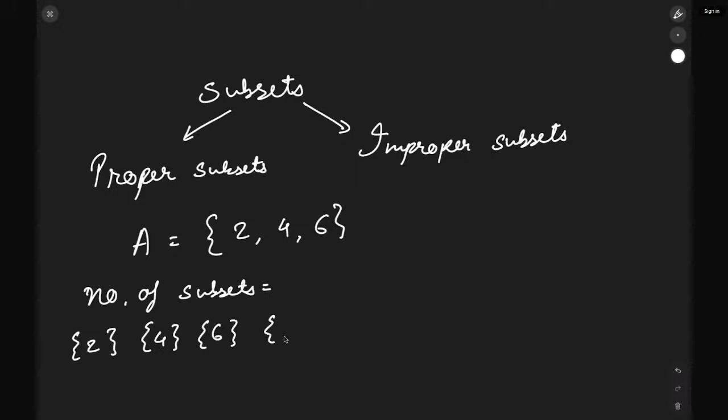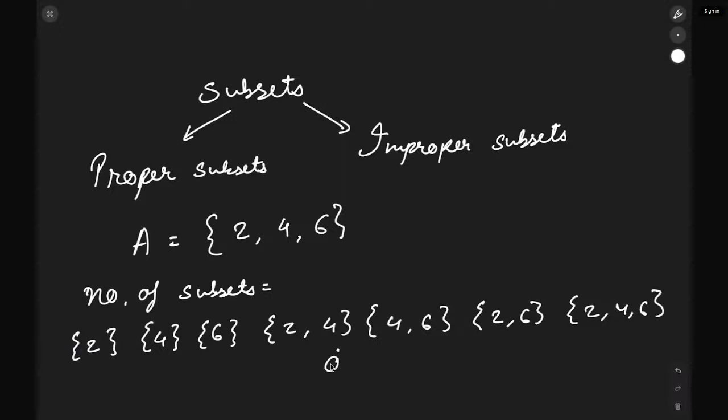Okay. Then 2, 4 is a subset, 4, 6 is a subset, 2, 6 is a subset. Then 2, 4, 6 is a subset, and the null set is also a subset.